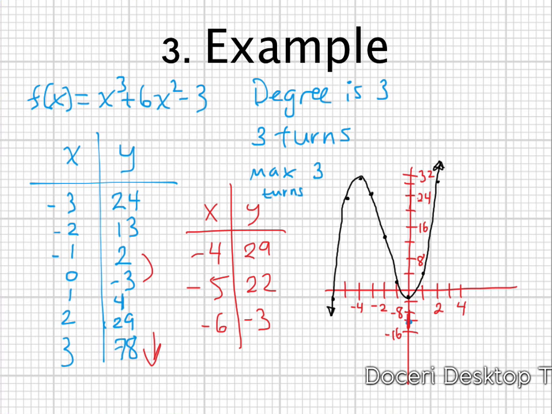So you'll notice at x equal to -4, I'm at +29, and at x equal to 0, I'm at -3. Those are the two extreme points. Okay, so at x equal to -4, comma 29, that's my first maximum. That's a relative maximum.